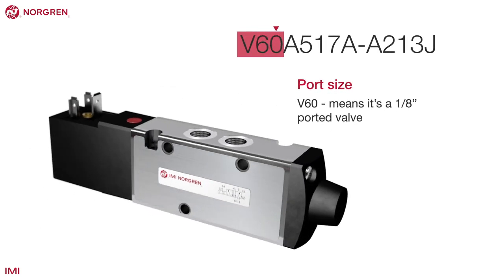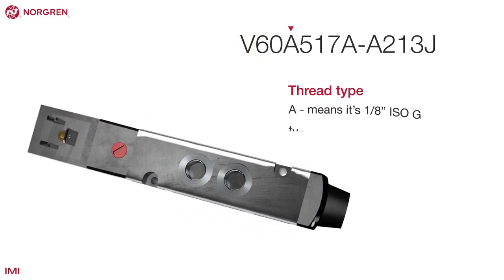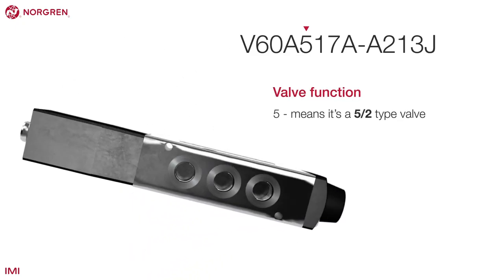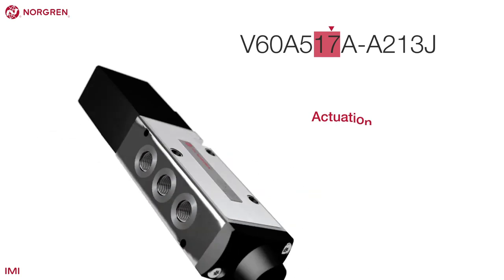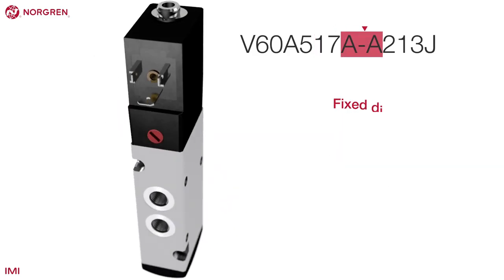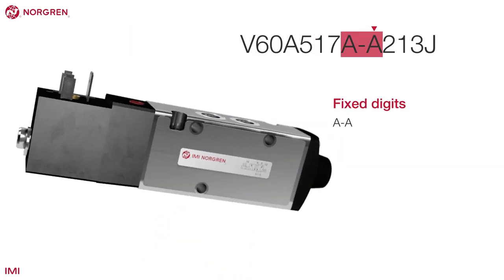Digits 1, 2, and 3 relate to the port size. Digit 4 gives us the thread type. Digit 5 is the valve operation. Digits 6 and 7 reveal this is an internally piloted solenoid spring. The dash or hyphen is always between digits 8 and 9 and is fixed.